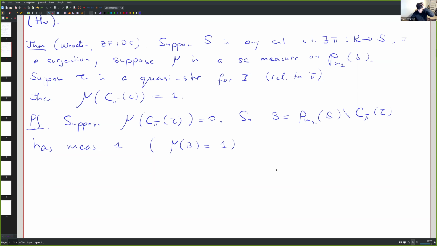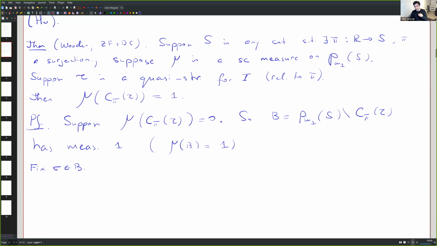All right, so we're now going to play a game, right? So fix sigma and B. What's going to be the idea? So we want to produce a member of sigma that belongs to C pi tau, right? We want to produce some sigma in B, which is closed under tau, basically. Okay, but that involves picking moves for 2, right?